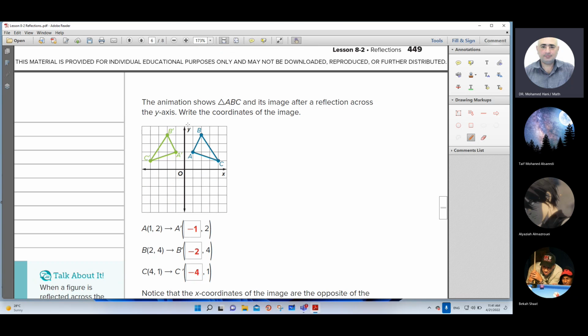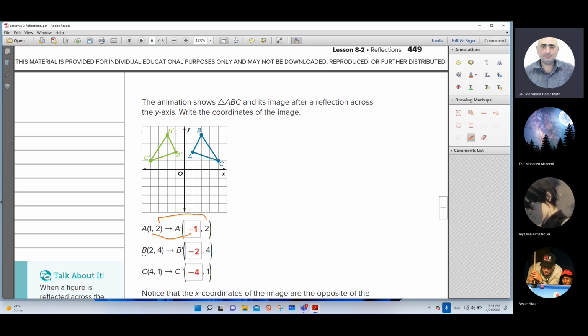If the line of reflection is the y-axis, compare the vertices. As you see here, A is 1 in x, 2 in y, and A prime is -1 in x, 2 in y. So we have the same y but the opposite x.